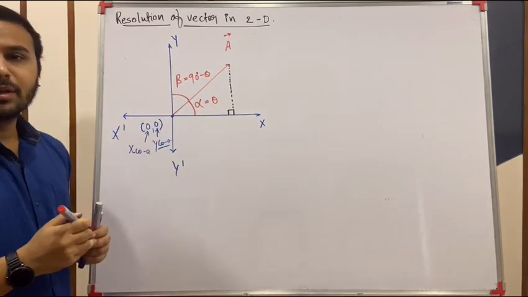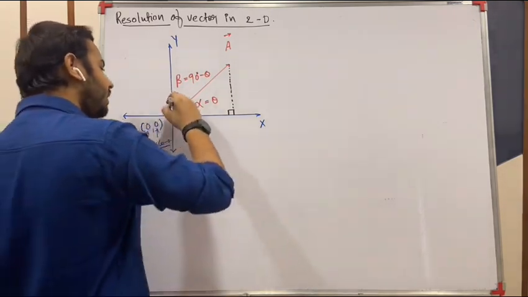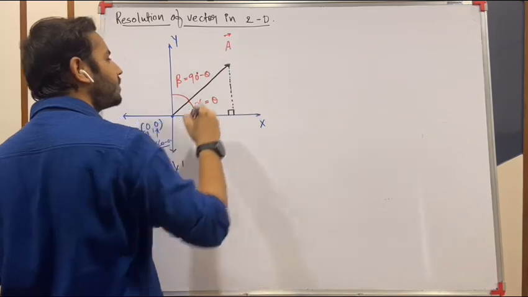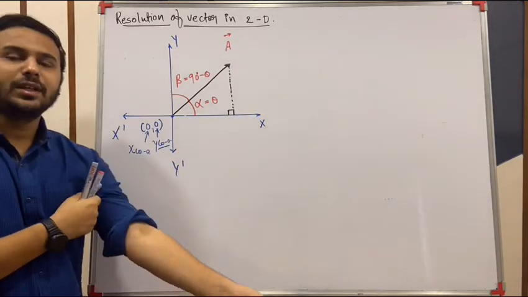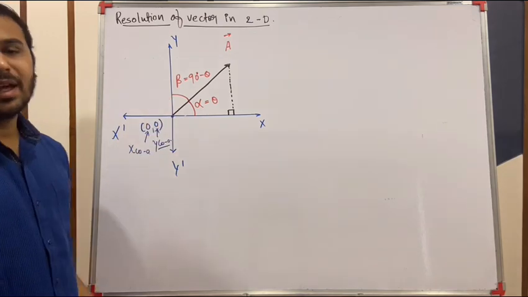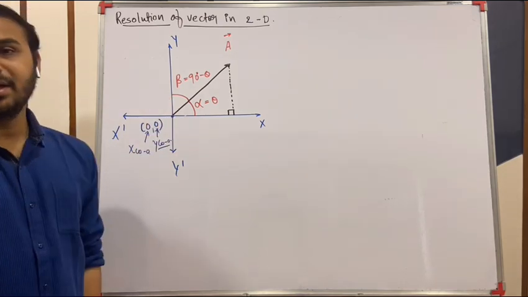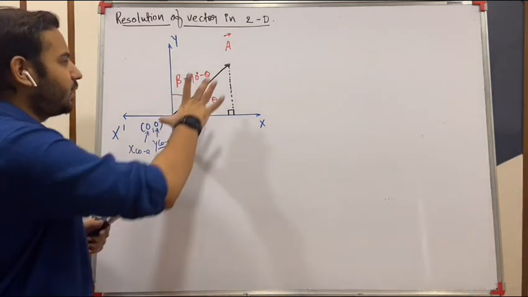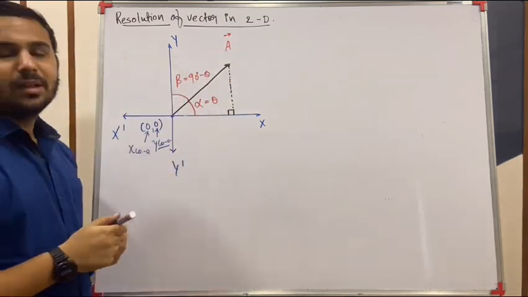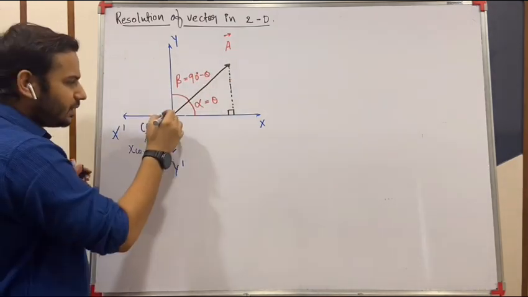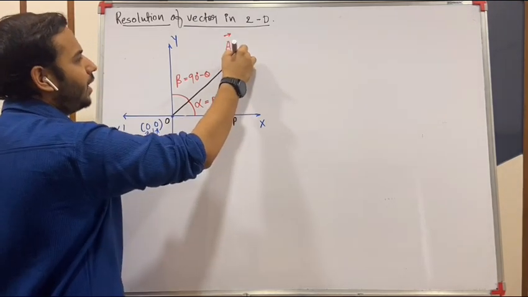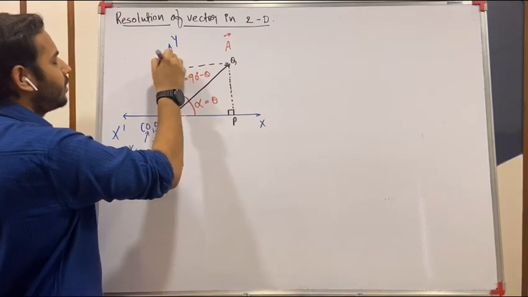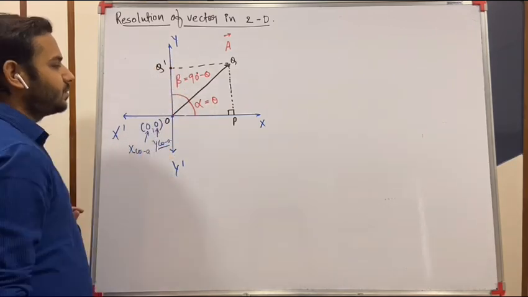Understood now? This is vector A, making an angle of theta with x-axis, or you can say alpha with x-axis, and beta, which is 90 minus theta with y-axis. Its magnitude is A. Now for this triangle, I'll say O, P, and Q, and say this point on y-axis is Q dash.